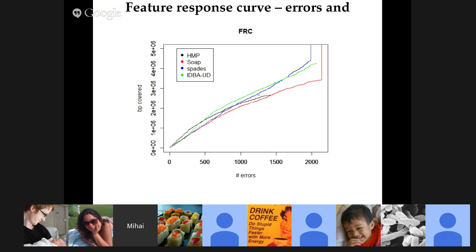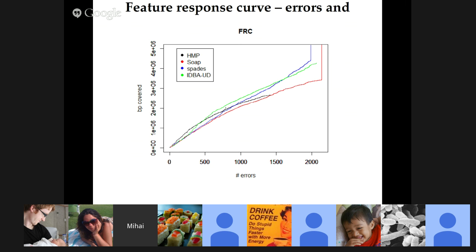For example, in this case, we'll choose this green assembly as being better because I can reconstruct more of the genome with the same number of errors. Or looking at it the other way, if I draw a horizontal line through the graph, then essentially I'm saying I can reconstruct 2 megabase pairs with fewer errors than the other assembly.